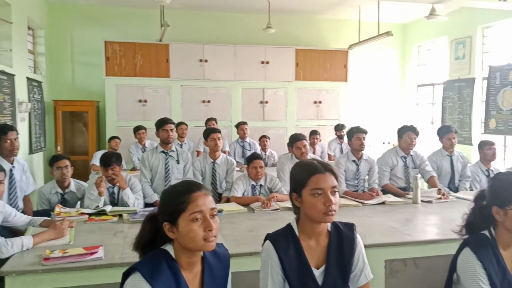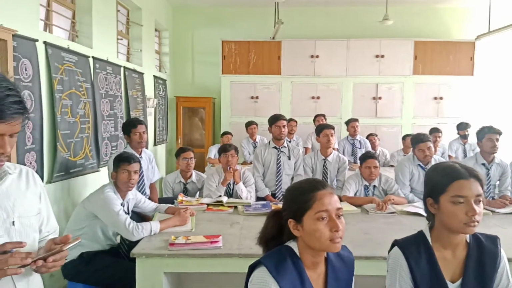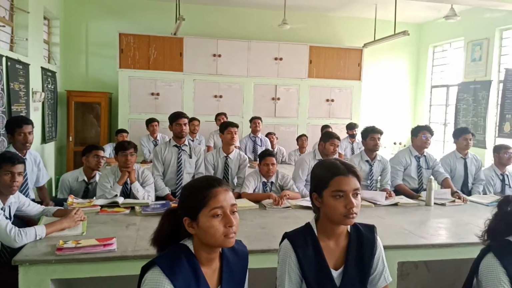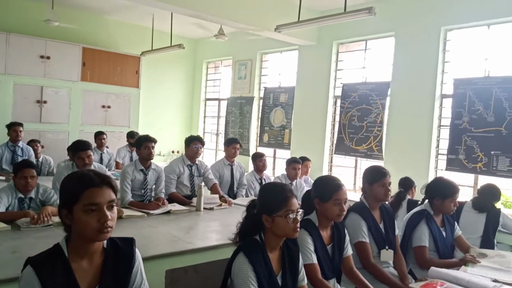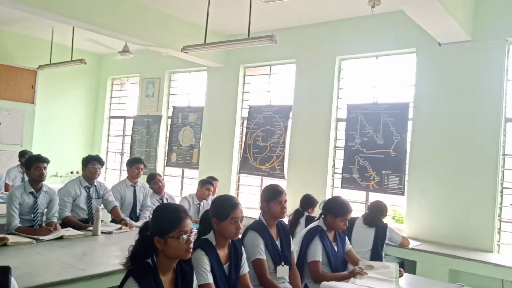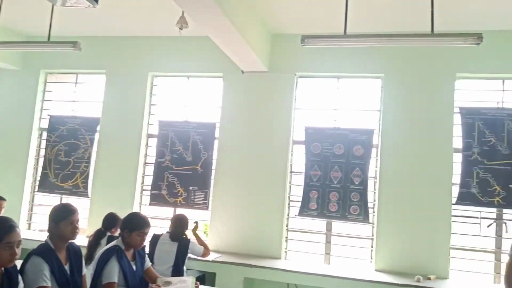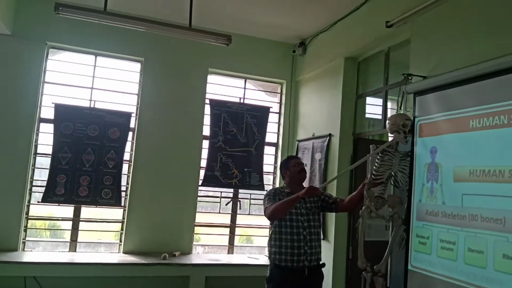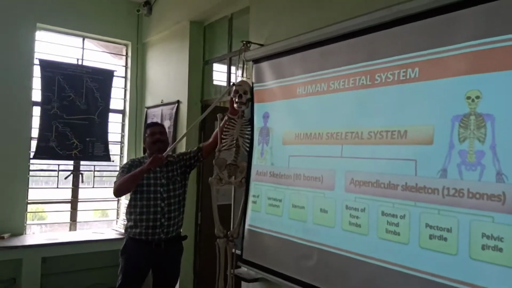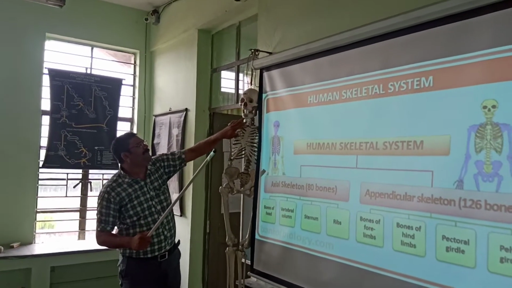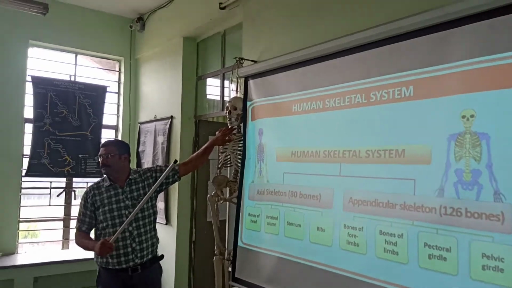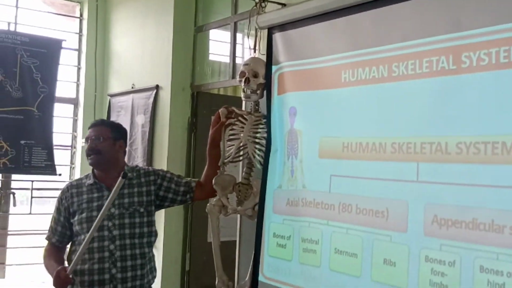The axial skeleton is categorized into the bones of the head, called the skull bones, then the vertebral column, then the sternum and the ribs. Here you can see this part is called the skull. This whole brain and facial bone, and there is one wide bone, all comprise the skull bone.